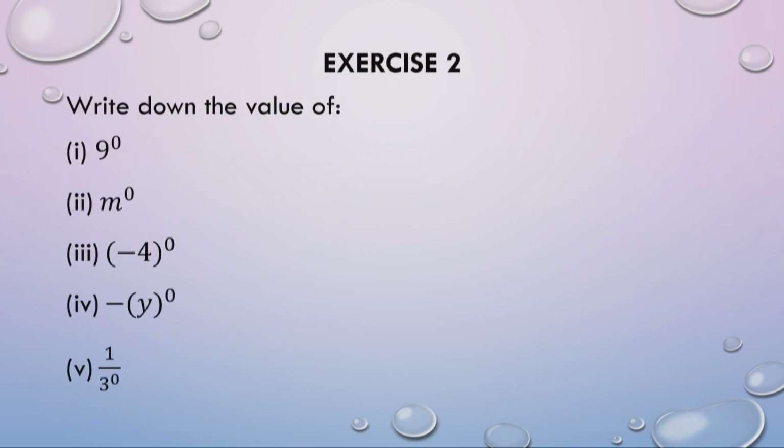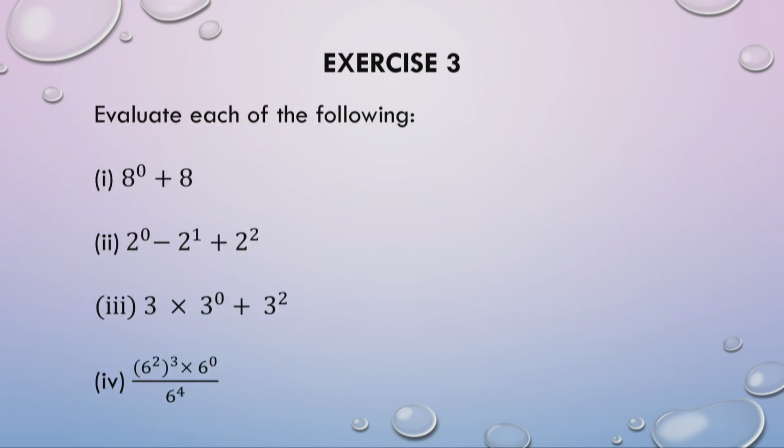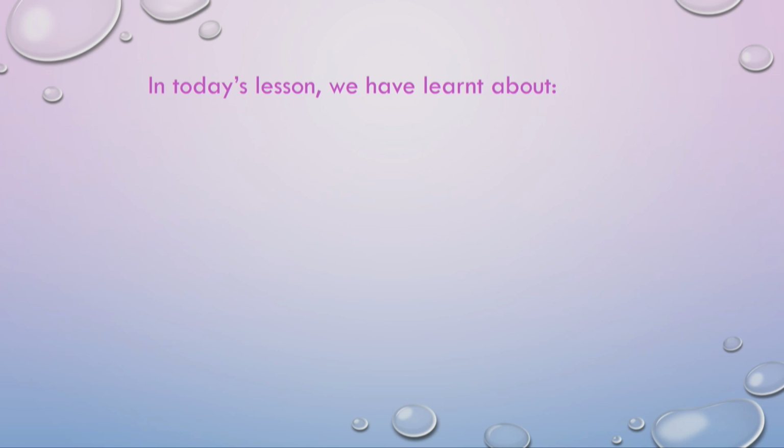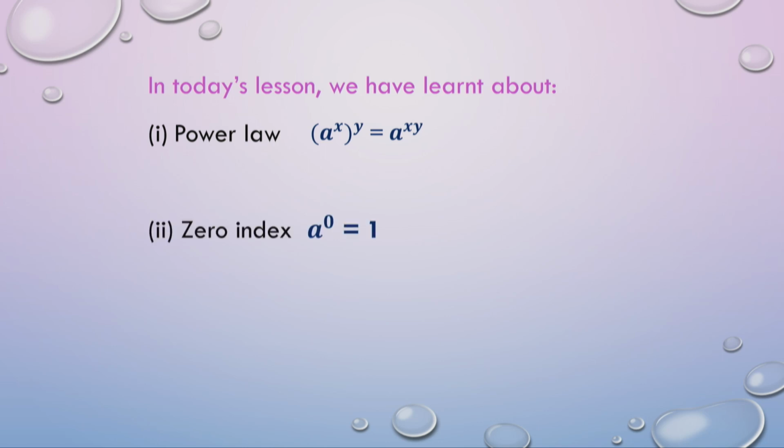Now you have a few questions to practice. So in today's lesson, we have learned about the power law, that is a to the power of x raised to the power of y, which will give me a to the power of x times y, and the zero index.